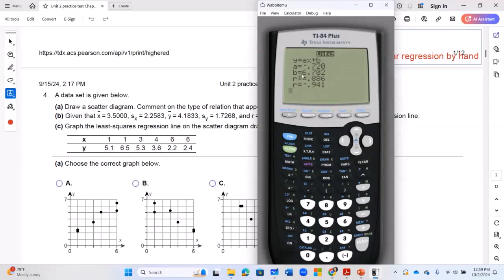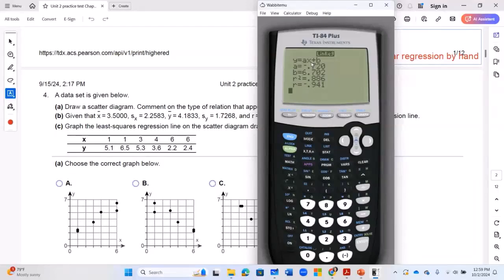The y-intercept is 6.7, and then the coefficient of determination, which is the square of the coefficient of correlation, is 88.6%, very high, and the coefficient of correlation is negative.